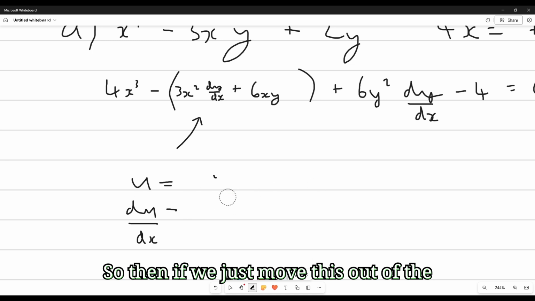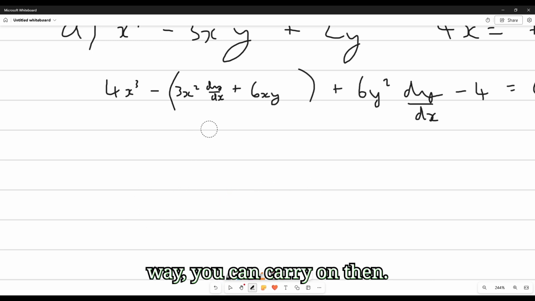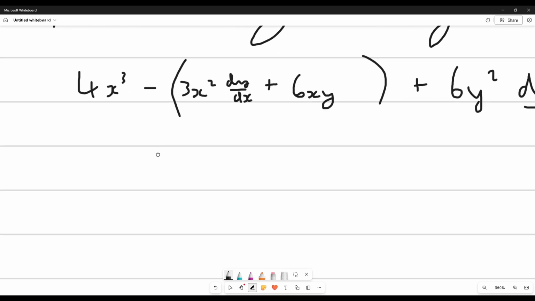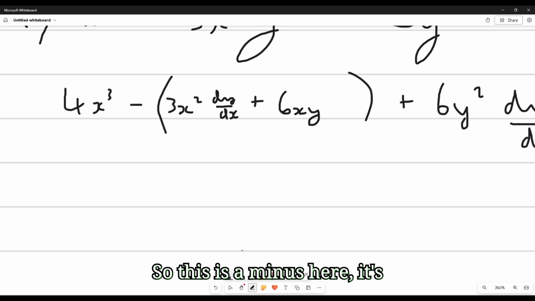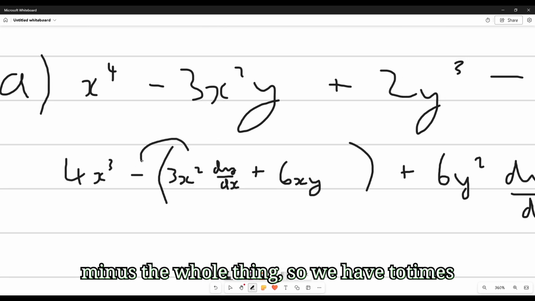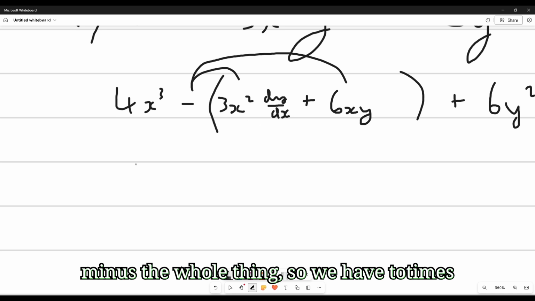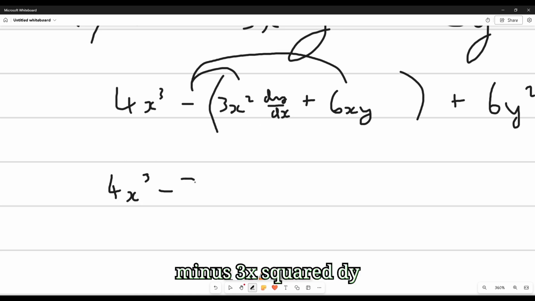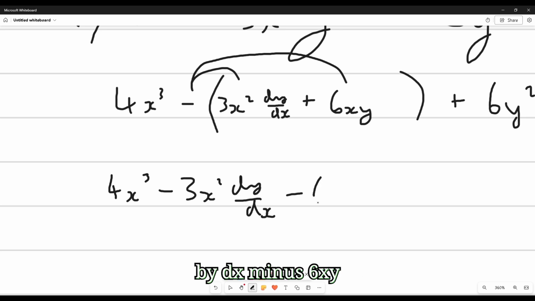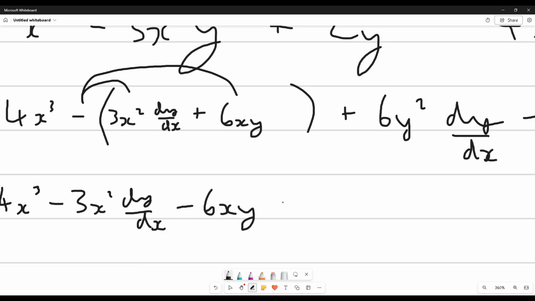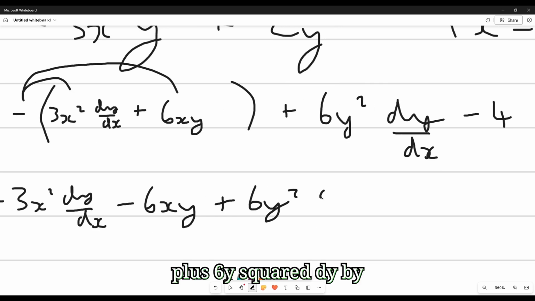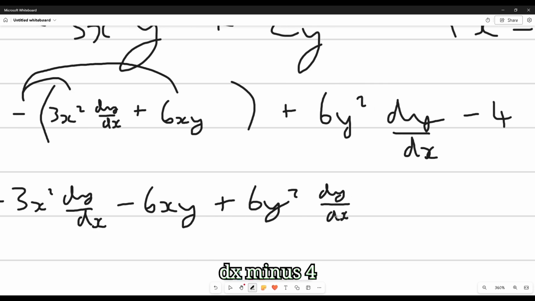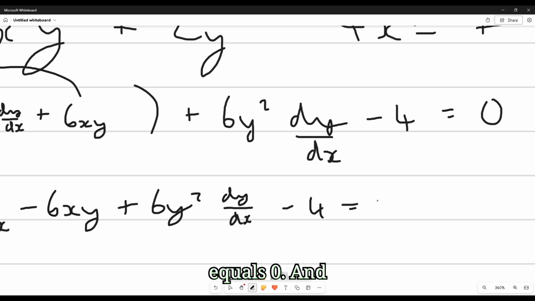So then if we just move this out of the way, you can carry on then. So being as this is a minus here, it's minus the whole thing, so we have to times the minus out. So 4x cubed minus 3x squared dy by dx minus 6xy plus 6y squared dy by dx minus 4 equals 0.